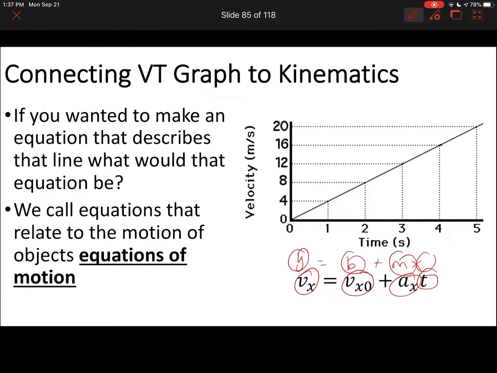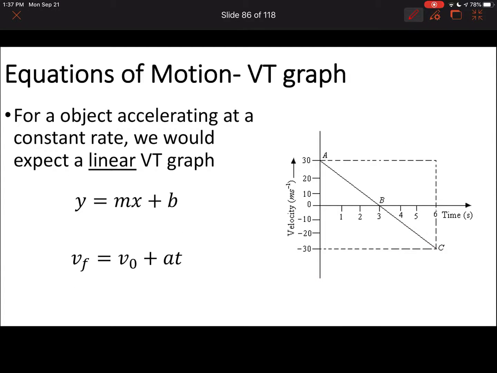The equations that relate to motion are called equations of motion. For an object accelerating at a constant rate, we expect a linear VT graph. So we know this is the VT graph that I see. In between A and B, we have a nice linear change, so we know the slope is constant, and so our acceleration should be constant. You may be asked, from a graph, to determine the equation of motion.